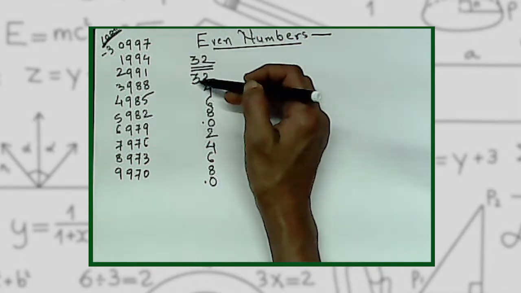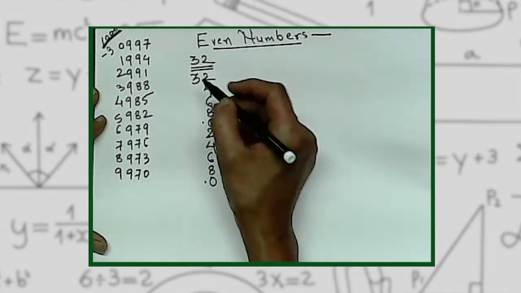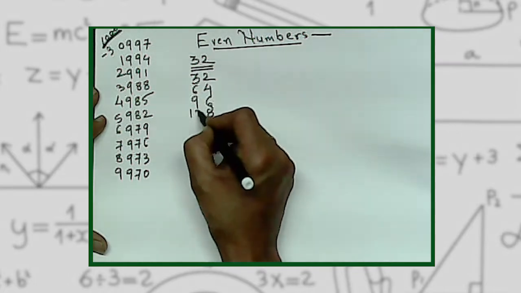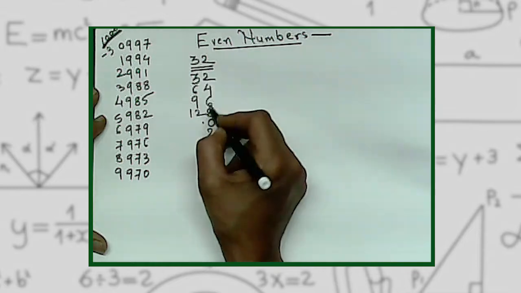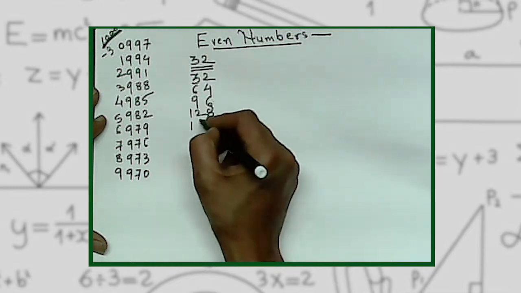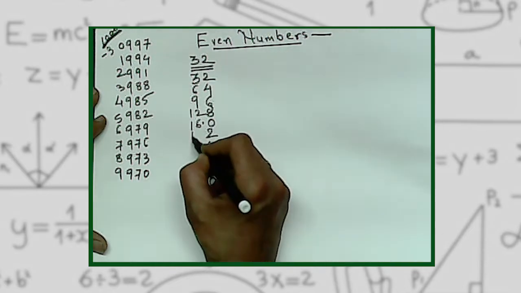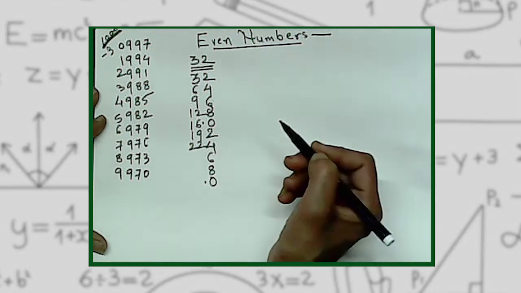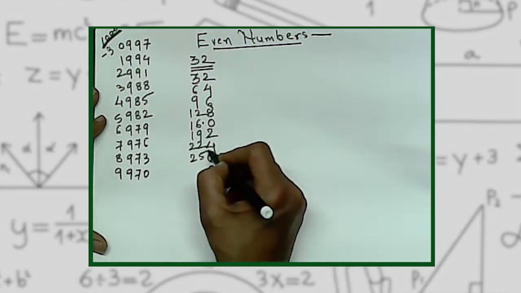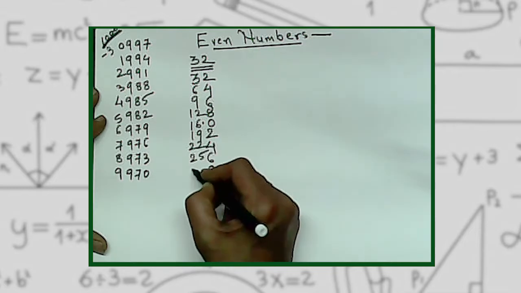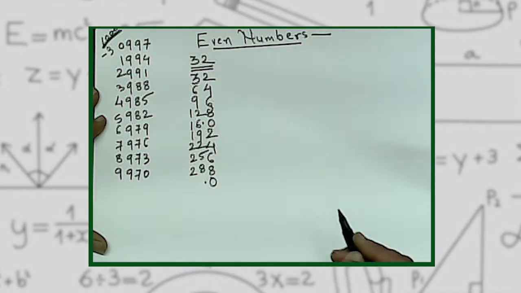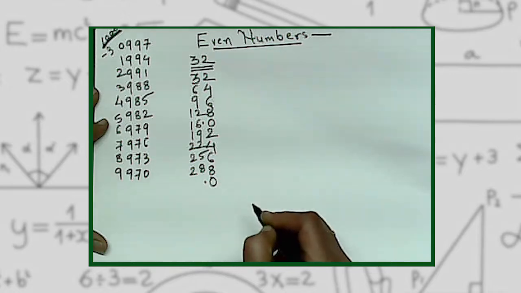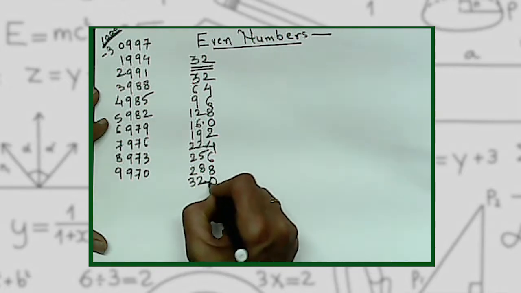Go on adding 3 plus 3, 6, 6 plus 3, 9, 9 plus 3, 12. 12 plus 3, 15 and point 16, 16 plus 3, 19, 19 plus 3, 22, 22 plus 3, 25, 25 plus 3, 28, 28 plus 3, 31 and this point 32.